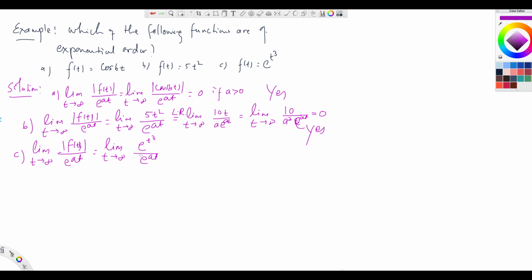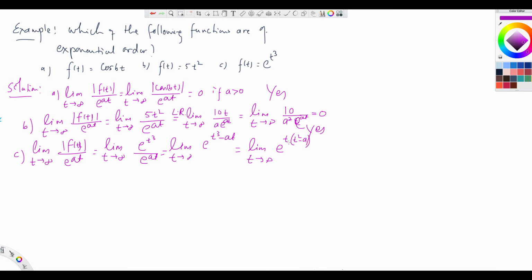If you use L'Hopital's rule, it will never end, because you will keep getting e to the something over e to the something. So what I want to do here is write the limit as t tends to infinity of e to the t cubed minus at. This can be written as e to the, let's take t out, t times (t squared minus a).